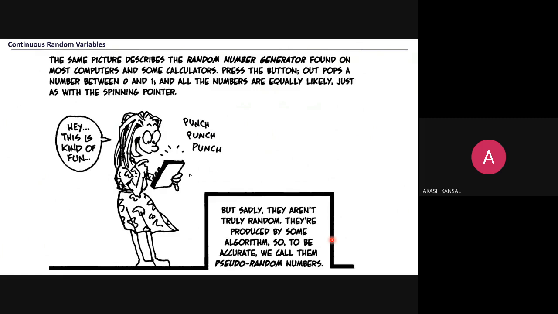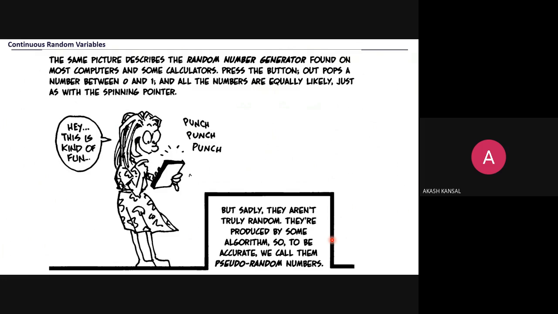Now, some of you may know we have a random number generator on a computer, and on a calculator as well. What the random number generator does is create a random number between any values; if you give the threshold values of 0 and 1, it is going to generate a random number. We think of it as random, but it's not truly random, because it follows some algorithm in the computer.